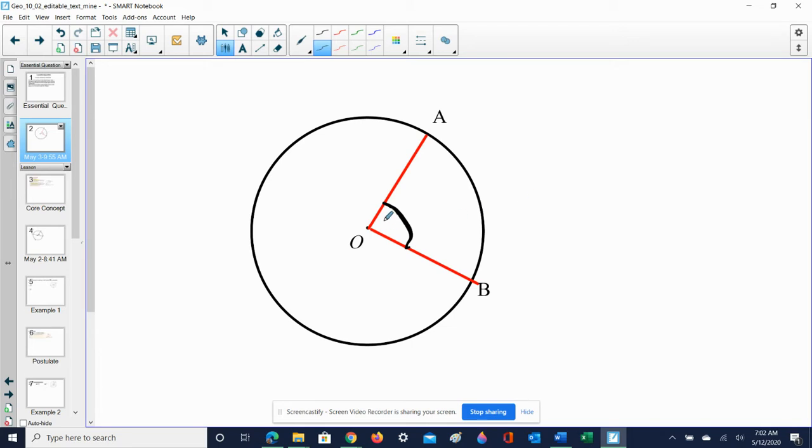A central angle is equal to the arc. These two have the same measure.